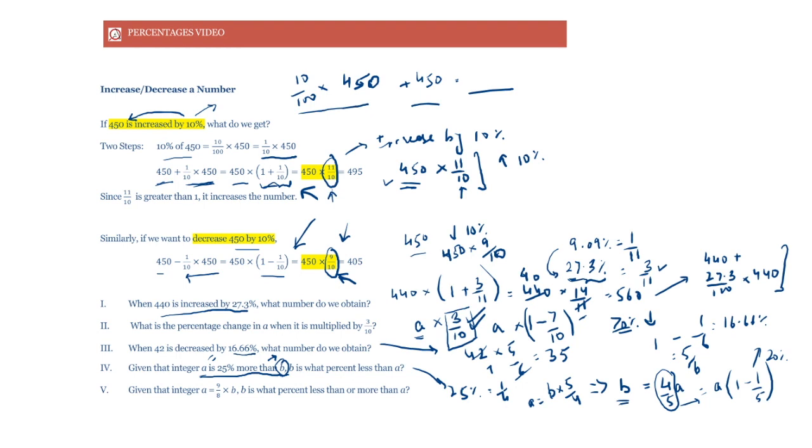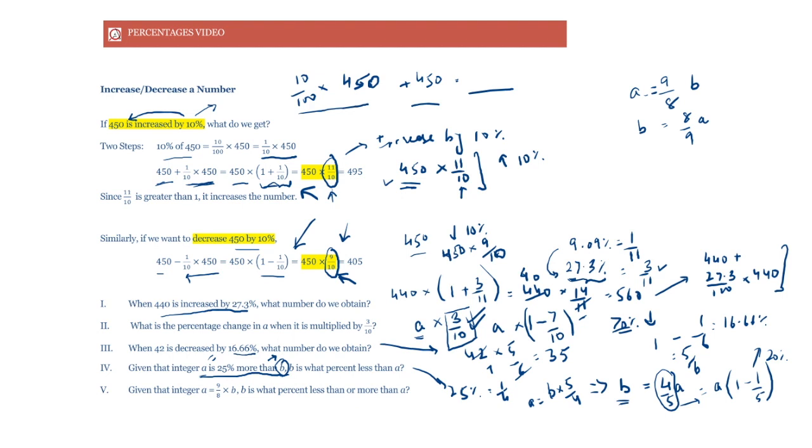Given that integer A is 9 by 8 of B, B is what percent less than, let's take it up over here. So given that integer A is 9 by 8 of B. So B is what percent less than or more than A, which means B is equal to 8 by 9 of A. You'll just cross multiply, take it over there.